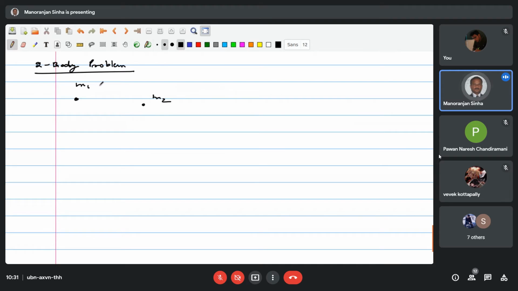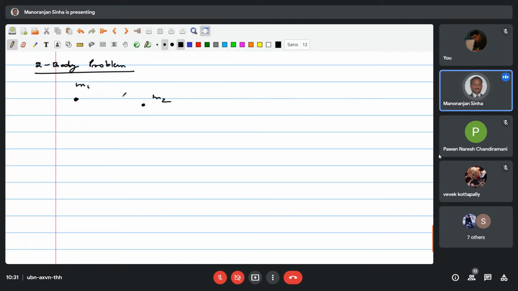Dealing with this kind of system, as I have already stated, Newton's second law is applicable only in an inertial plane. You cannot apply Newton's second law in any non-inertial plane. That's not possible. So therefore, we need to choose here, because this system is free from the external force.